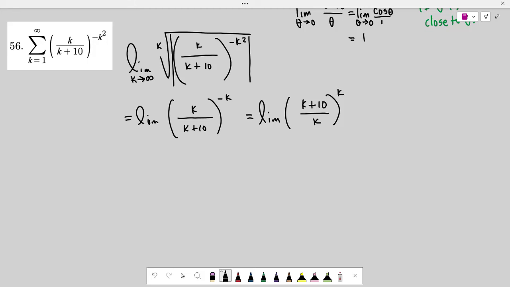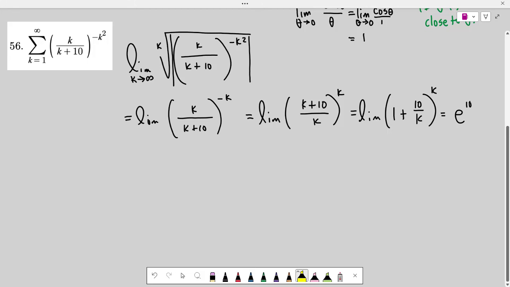And then this limit becomes the limit of 1 plus 10 over k, to the k, and that limit is e to the 10. So we do e to the a times b. Now we're dealing with the root test, which is the same conclusion as the ratio test, which is the same conclusion as the geometric series. This is bigger than 1, so therefore it's going to diverge.